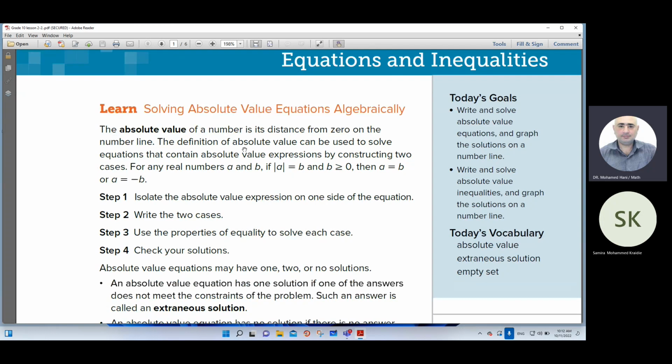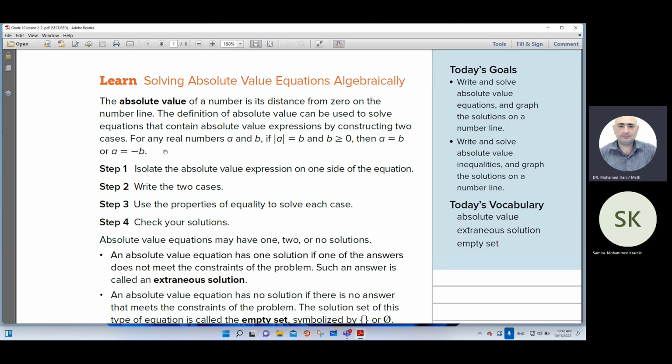So the definition of absolute value can be used to solve equations that contain absolute value expressions by constructing two cases for any real numbers a and b. If the absolute value of a equals b, that means b is greater than or equal to 0, and then a equals b, or a equals negative b, positive value and negative value.